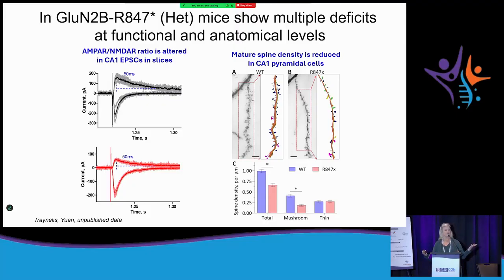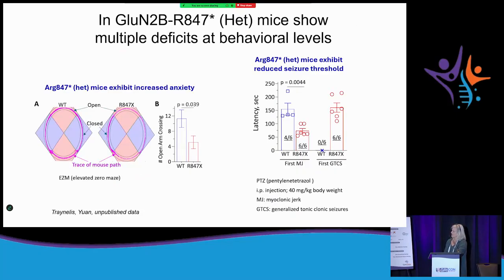Those are typically mature synapses or represent them. This is consistent with when we use C-terminal variants that do have a pathogenic phenotype, and there's less 2B on the surface or less 2B protein. A lot of times we see in culture fewer spines, fewer synapses. So this is consistent with that.